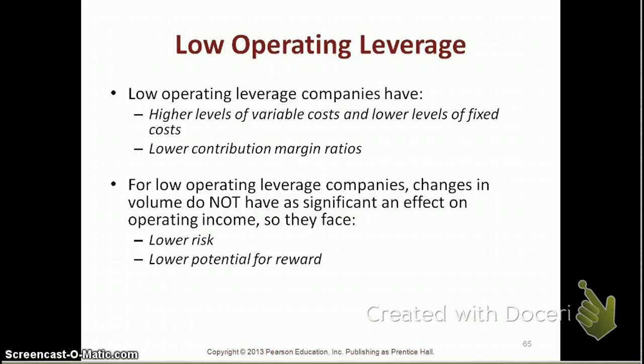Changes in volume do not have a significant effect on their operating income, so they face lower risk and lower potential for reward. An example of a low operating leverage company is a merchandising company. For a merchandising company, changes in volume do not have a significant effect on their operating income.